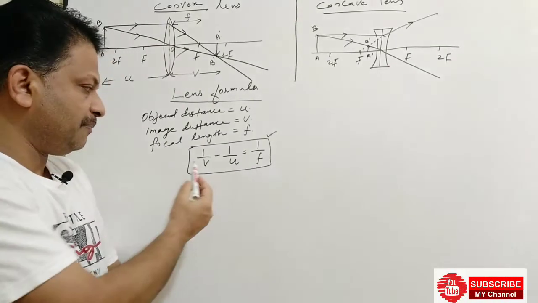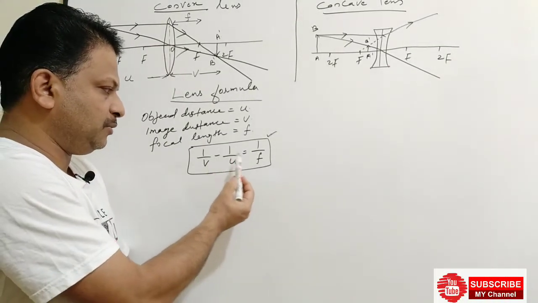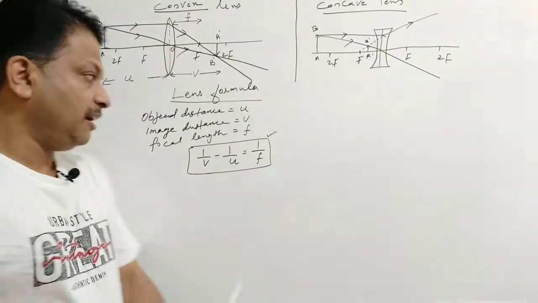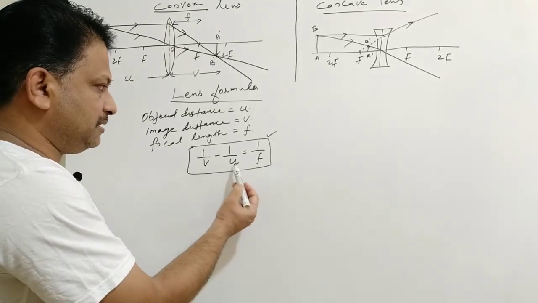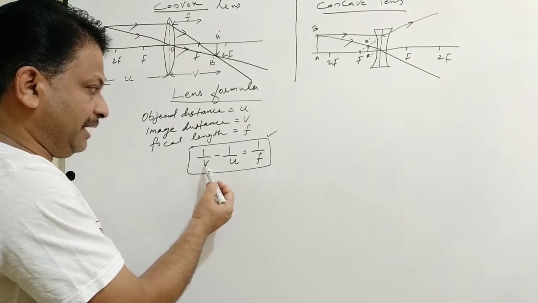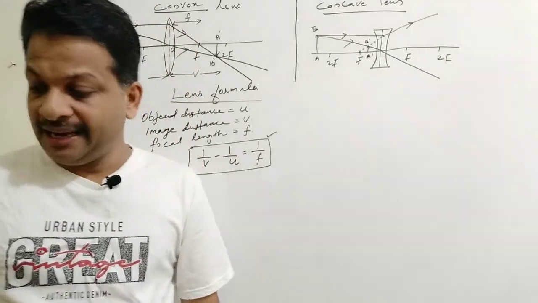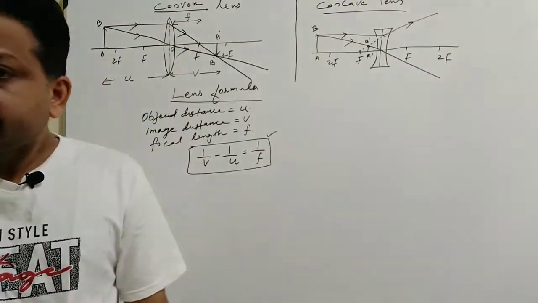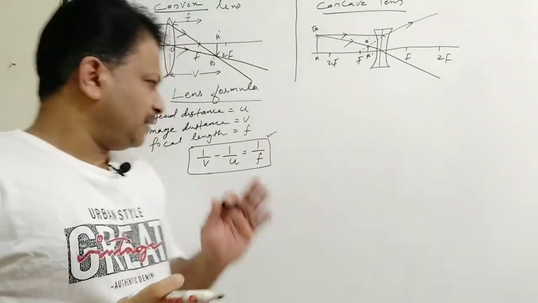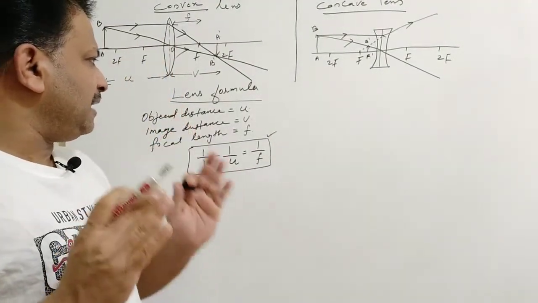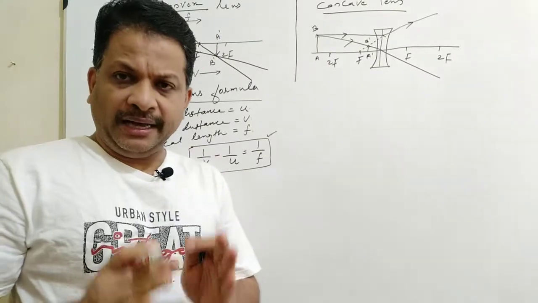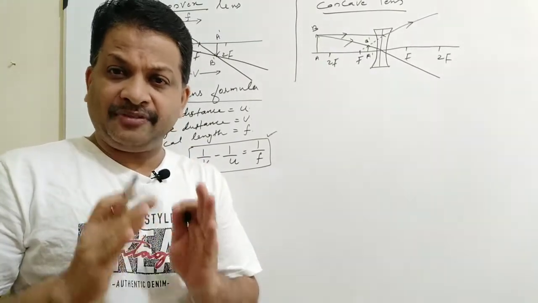Here f is the focal length, u is the object distance, and v is the image distance from the optical center of the lens.